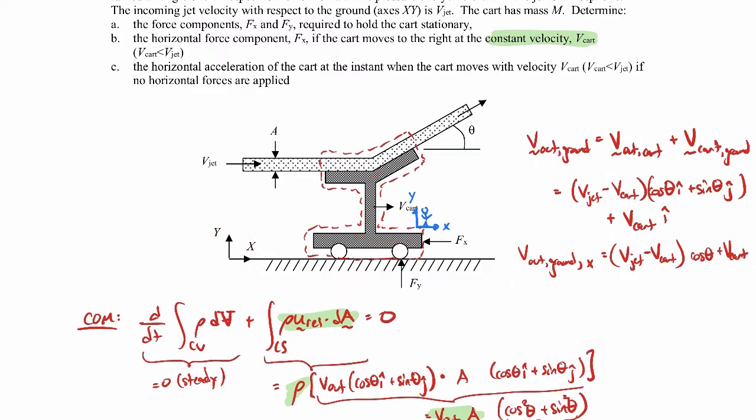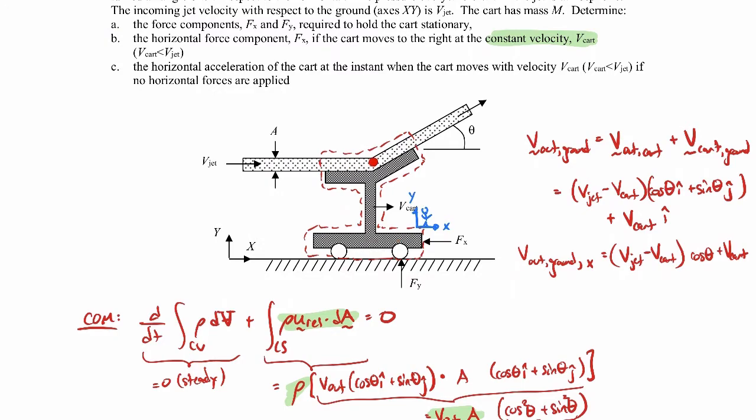It's no longer a steady problem. When you stand on the ground, the cart's accelerating, so it's changing with time. But if we're on the control volume here, remember, we're using this blue coordinate system. If we're standing here, the velocity of the cart looks like it's stationary. It looks like the cart velocity is 0.